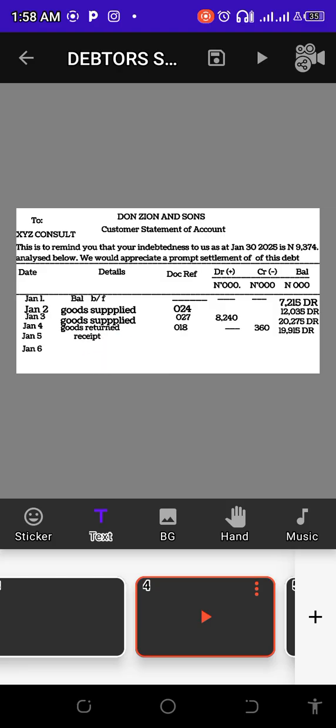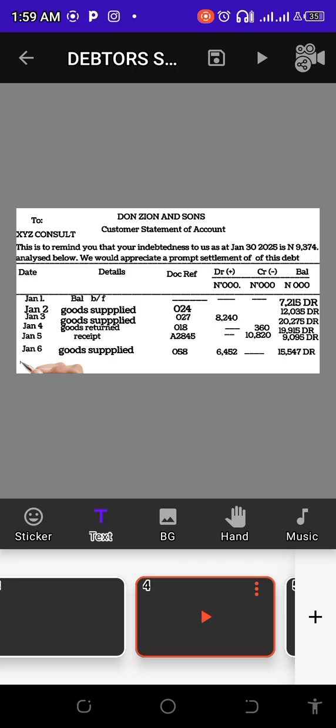Then by January 8, you have received, that is cash is paid. We receive cash, and the check number is there, and the amount is 10,820. Is to be by the credit side. We reduce that from 19,915. The balance becomes 9,005 naira debits. On the 6th, good is supply, and it will be by the debit side. 6,502.